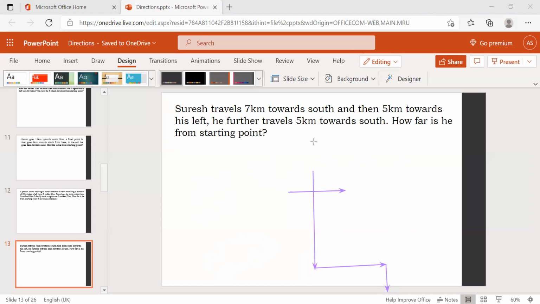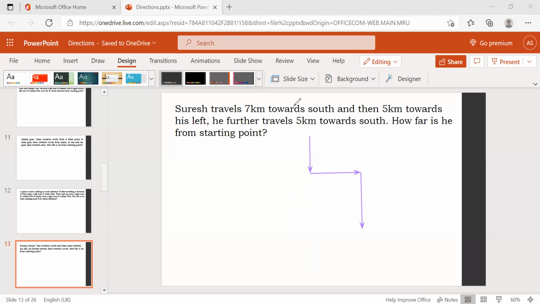From here, here, and here. How far is he from the starting point?